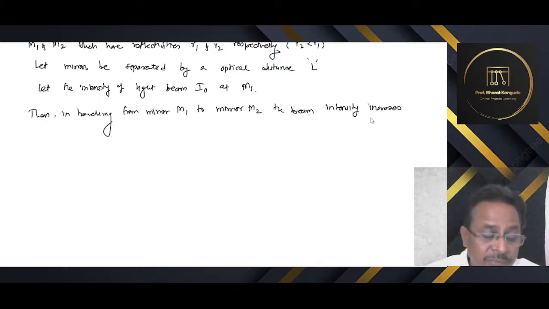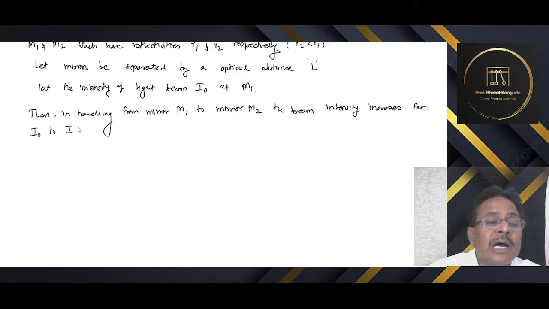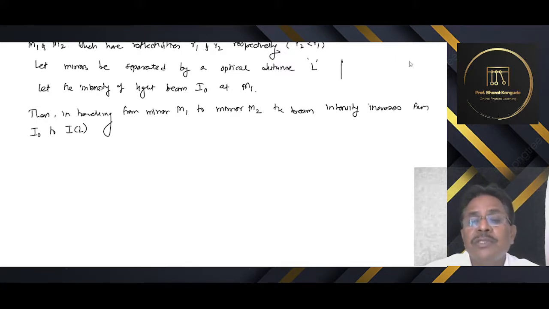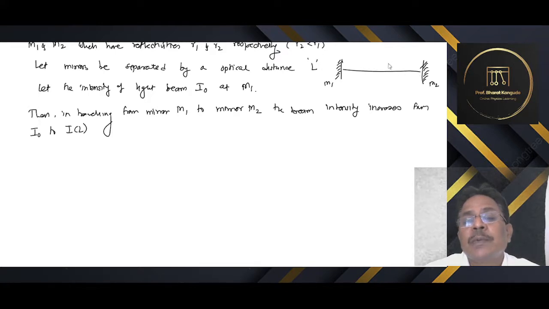We have seen this derivation earlier: initially it was I0 near mirror M1, and it becomes intensity I at L. So this is the diagram we have drawn. This is mirror M2, this is mirror M1, and the distance between them is capital L. I0 is the intensity here, and the intensity close to the second mirror is taken to be IL.